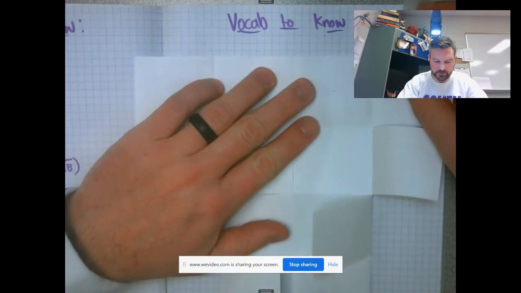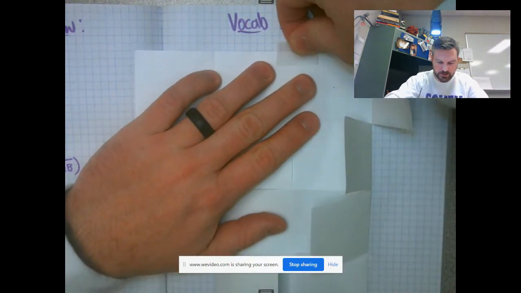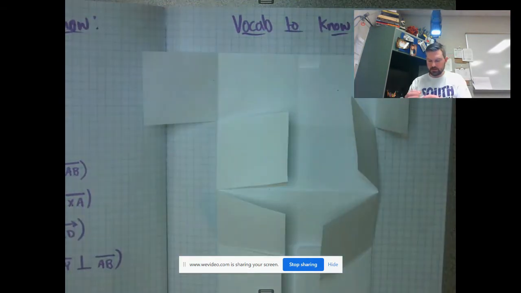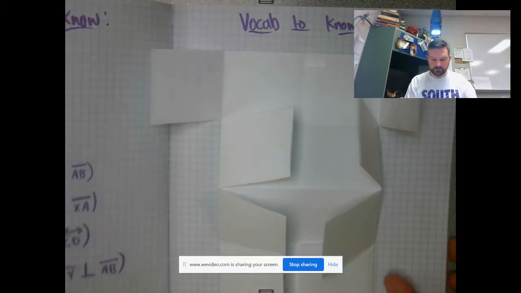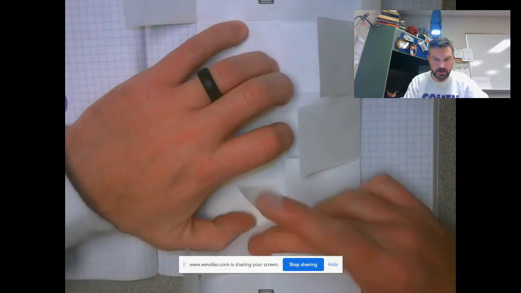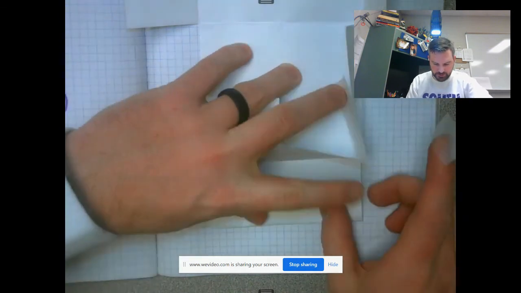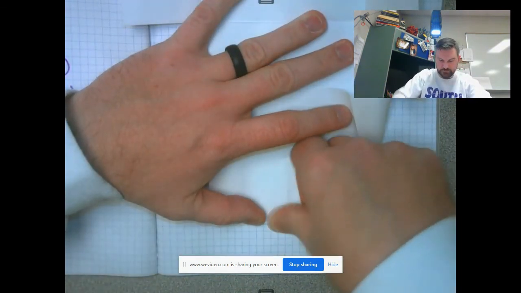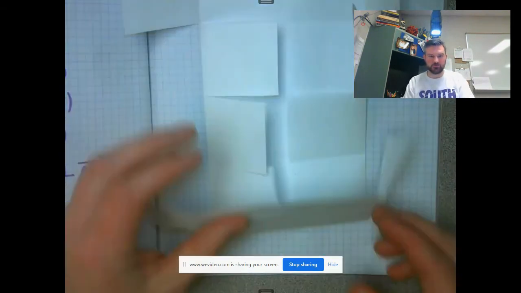If you want to write on it first and then tape it, that's fine. But we're going to take a piece of tape right there at the top. And then at the bottom, you're going to fold the bottom 2 sections up, and you'll put a piece of tape right there. That way when you close it, you can fold it up.